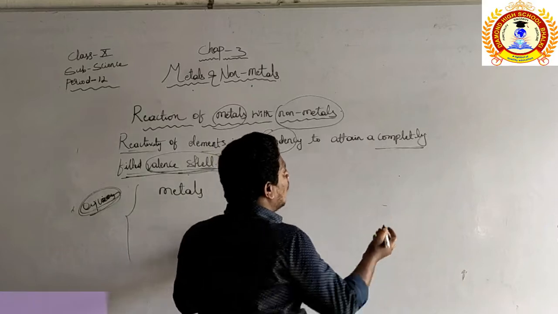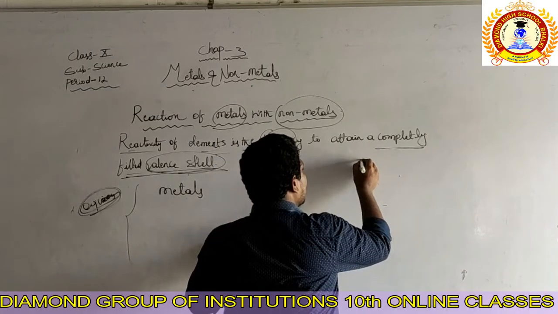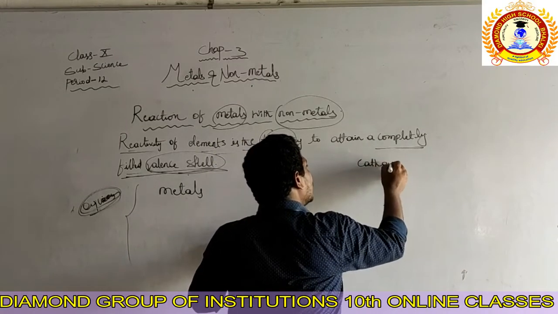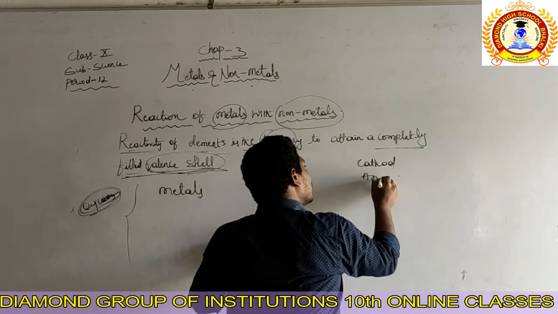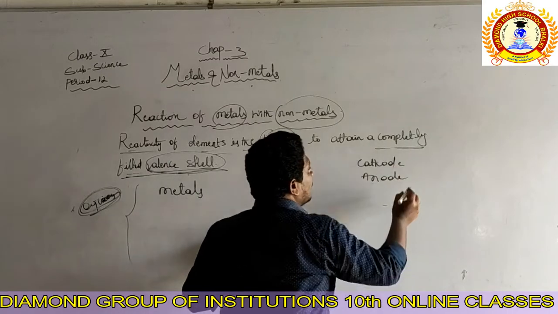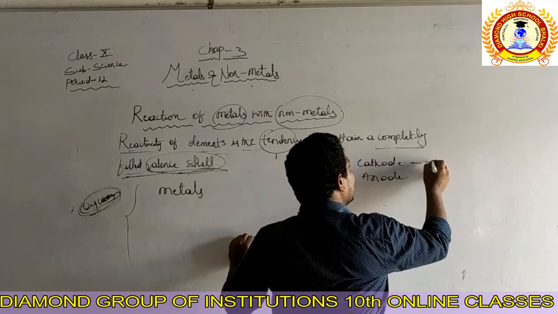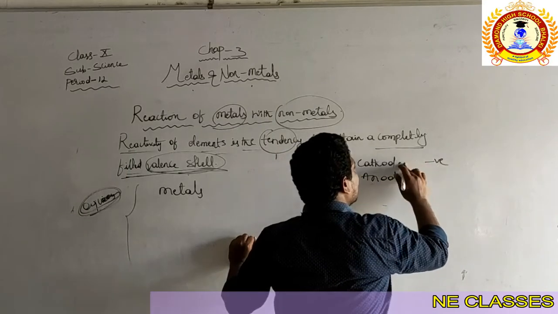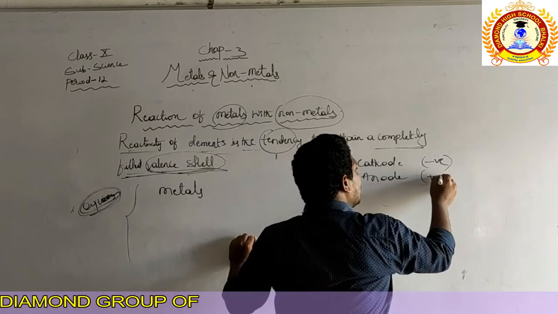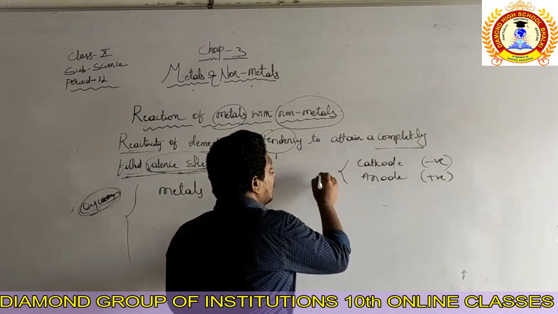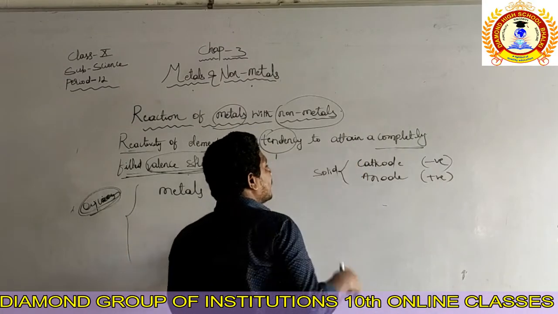If you are talking about solids, they are called cathode, anode, right? Cathode means negative charge, anode means positive charge. This is in case of solid material, right?